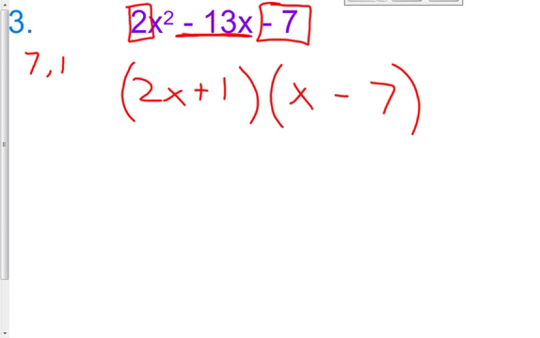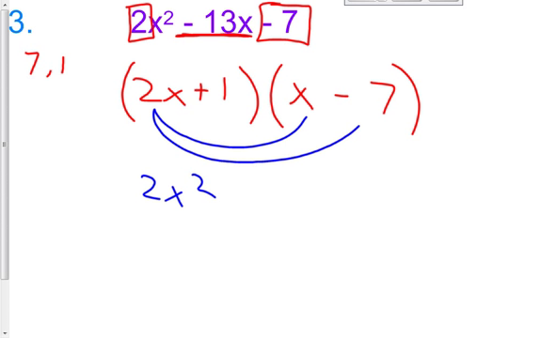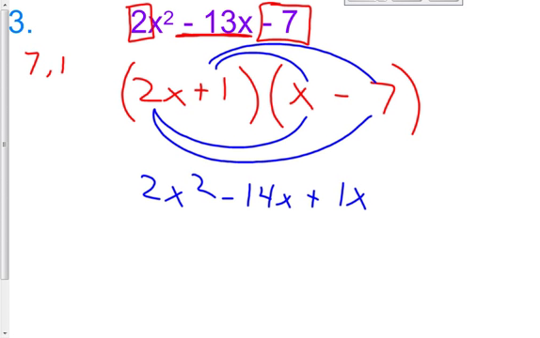First times the first. 2x times x, 2x squared. 2x times a negative 7 is a negative 14x. 1 times x is going to be 1x, and 1 times a negative 7 is a negative 7.